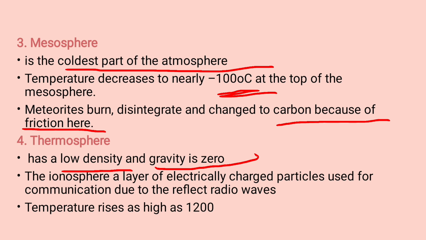Again, temperature in this layer is very high as it stretches to 1000 degrees Celsius. So in the thermosphere, there is low density and zero gravity. Again, the ionosphere, which is a layer of electrically charged particles, is used for communication due to the reflected radio waves.